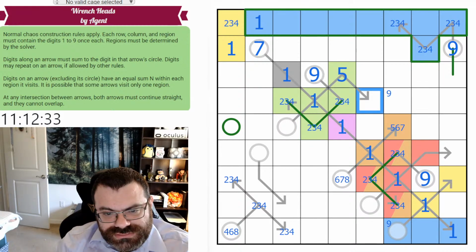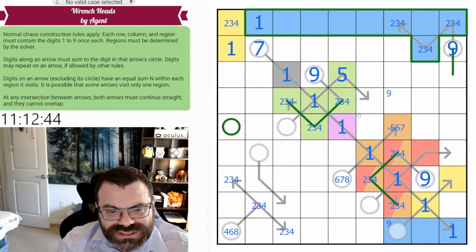But then these two add to 6, so this would either be green and 6, or it would be another region and also 6, because 1 plus 5 is 6. Either way, that adds to 12, and that's way too big. So these cannot be green, they must be purple. That means this connects as purple. Green has to get out.